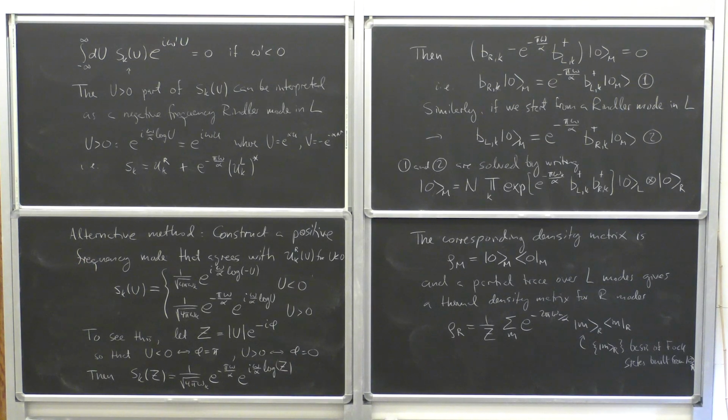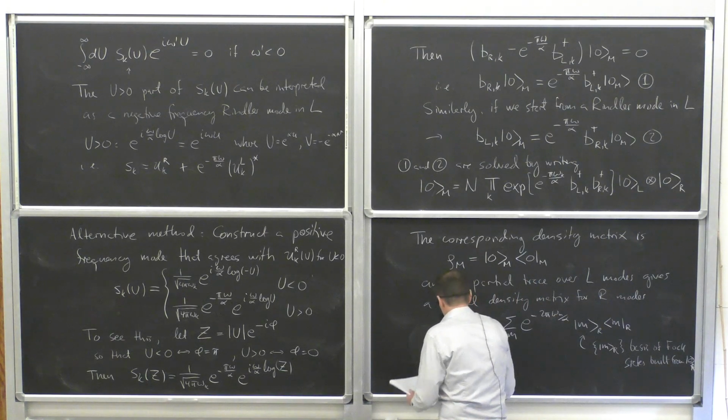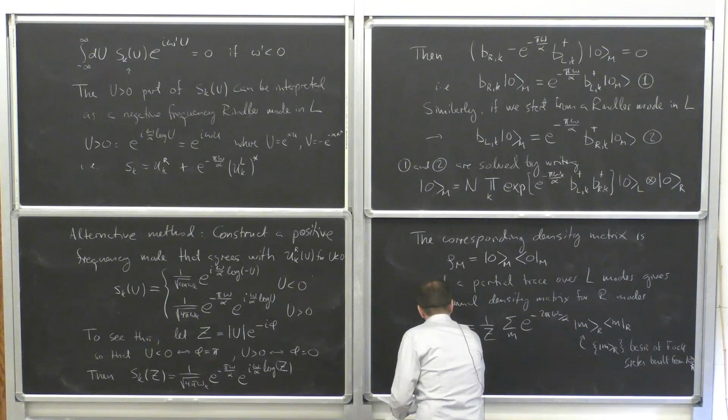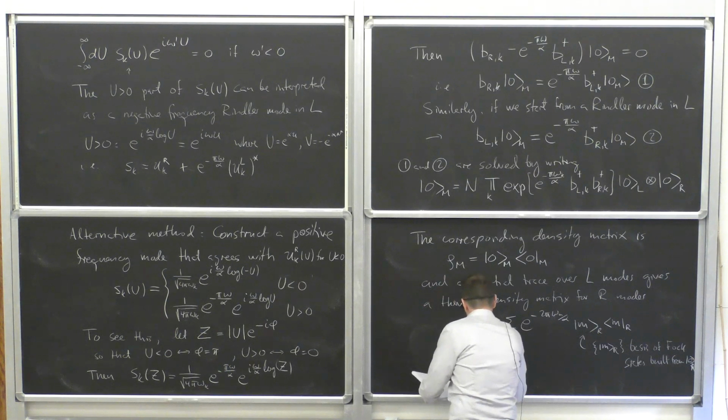If we had done this with the Bogoliubov coefficient, we can now normalize. We know that this Z here has to be basically the partition function, right? E to the minus 2 pi omega m over alpha.